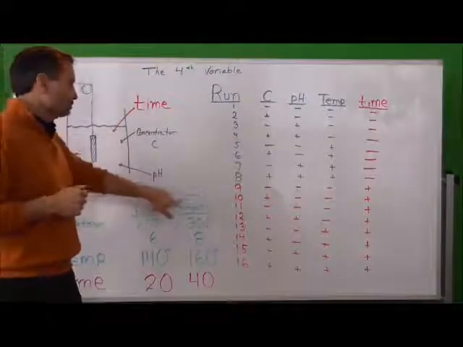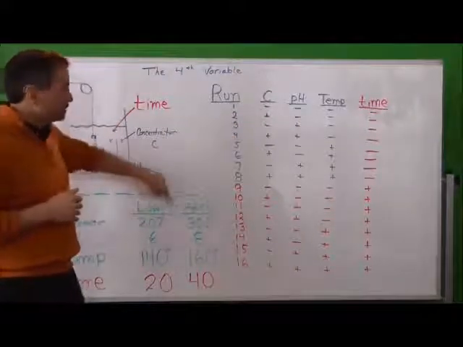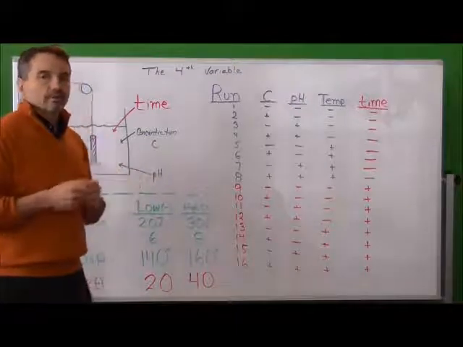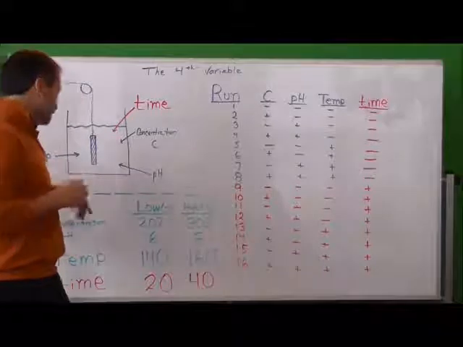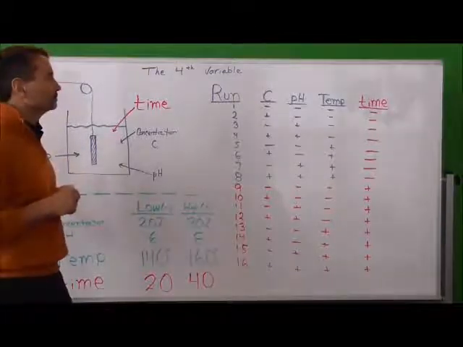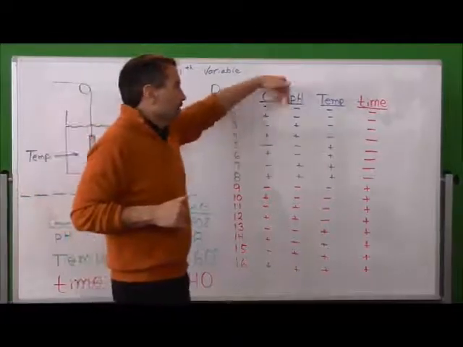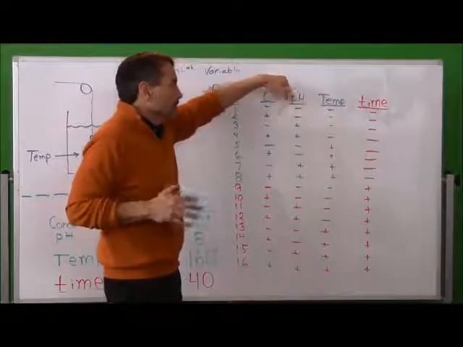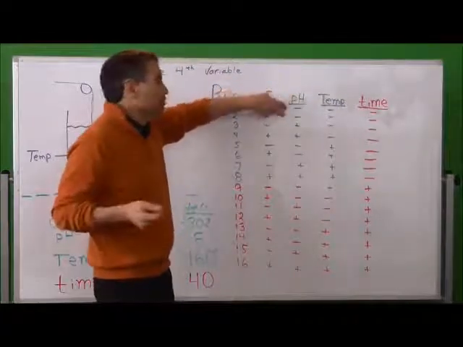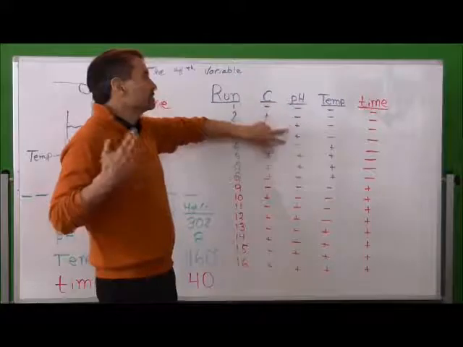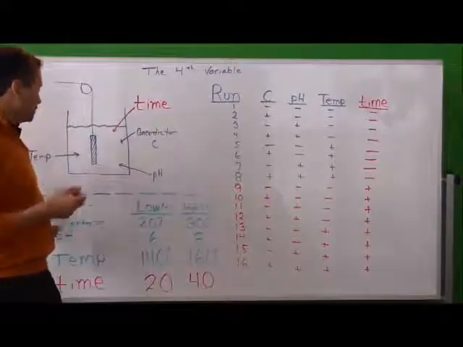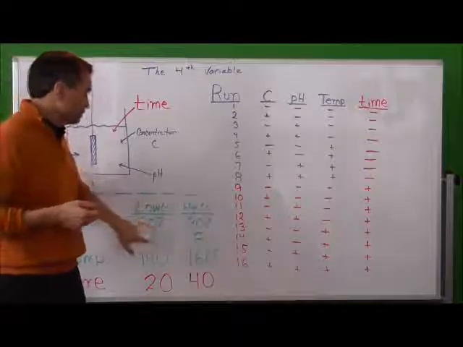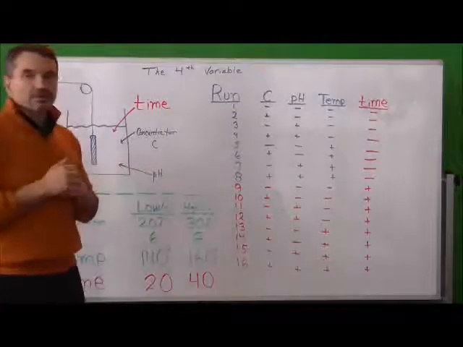The minus and the plus correspond to the low level and the high level that we developed from the team and the design team. For the pH, we found the pattern of 2 minuses, followed by 2 pluses, followed by 2 minuses, followed by 2 pluses. Very simply, the minus was a 6, and the plus was an 8.